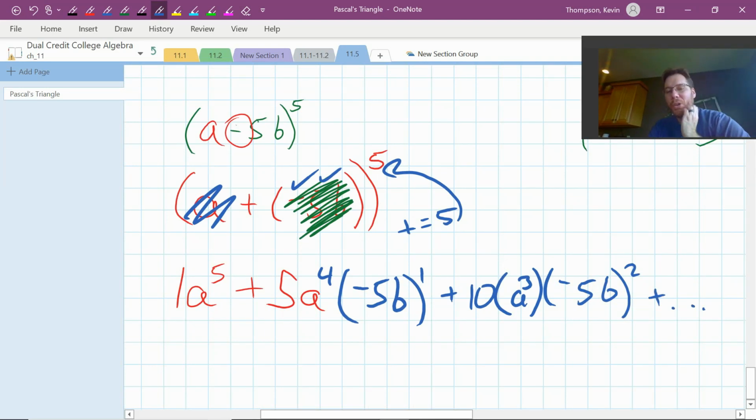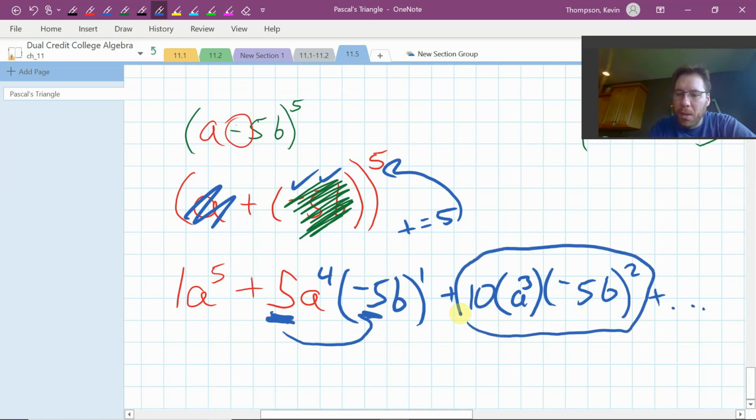So you can finish this one on your own, but obviously there's work you could do because the 5 and the minus 5 in that second term is really a minus 25. In this third term, be sure you square the negative and the 5 and the b.